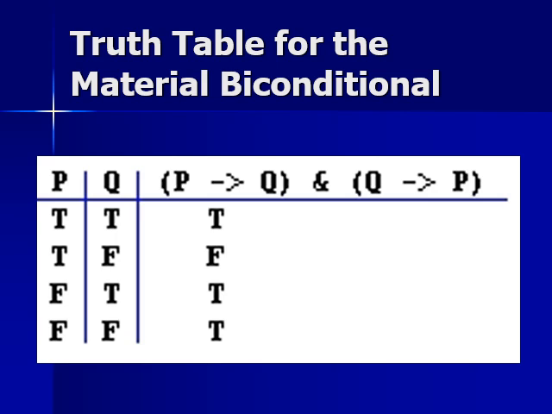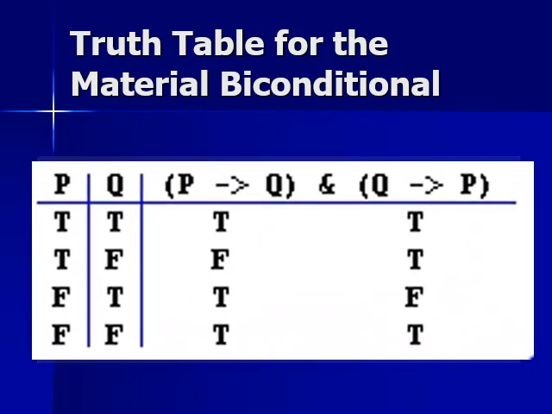Now we need to get the truth table for if Q then P. Using the same things on the left-hand side, we'll get this. And if you look under if Q then P on the right-hand side of the diagram, you'll see it goes true, true, false, and true.